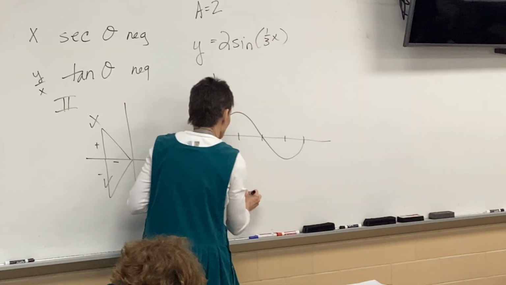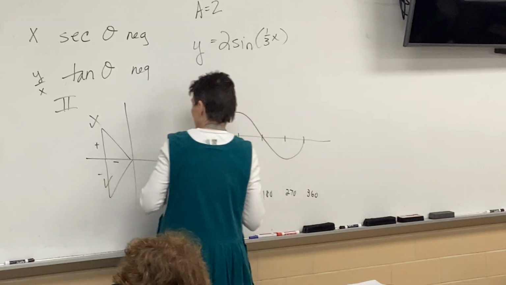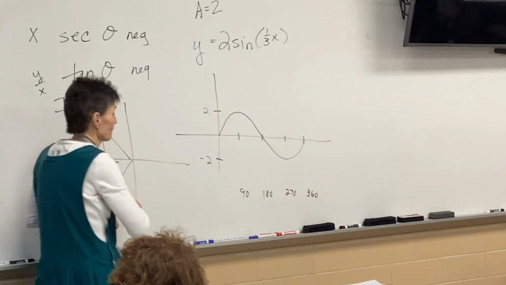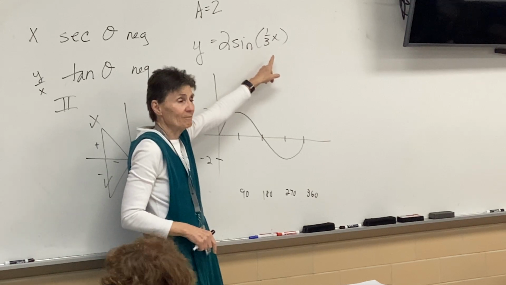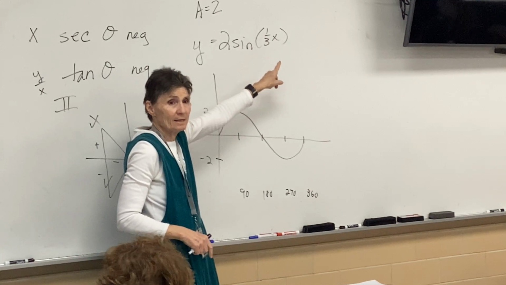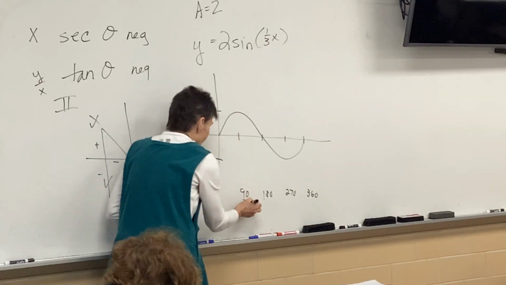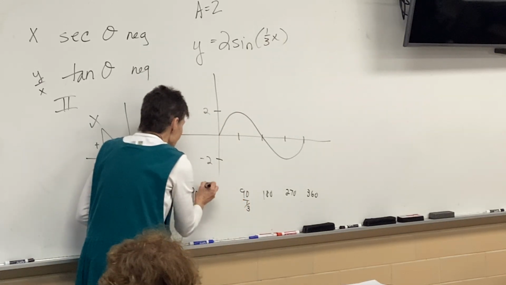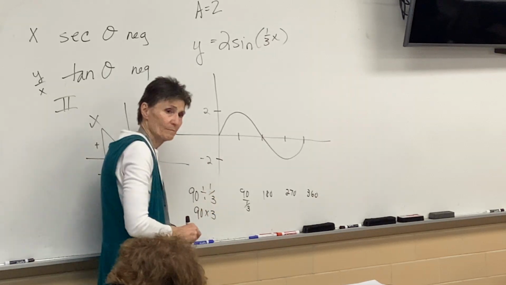These are normally 90, 180, 270, and 360, right off our circle. But what's happened, they have been divided by 1/3. So that's 90 divided by 1/3, which is 90 times 3.